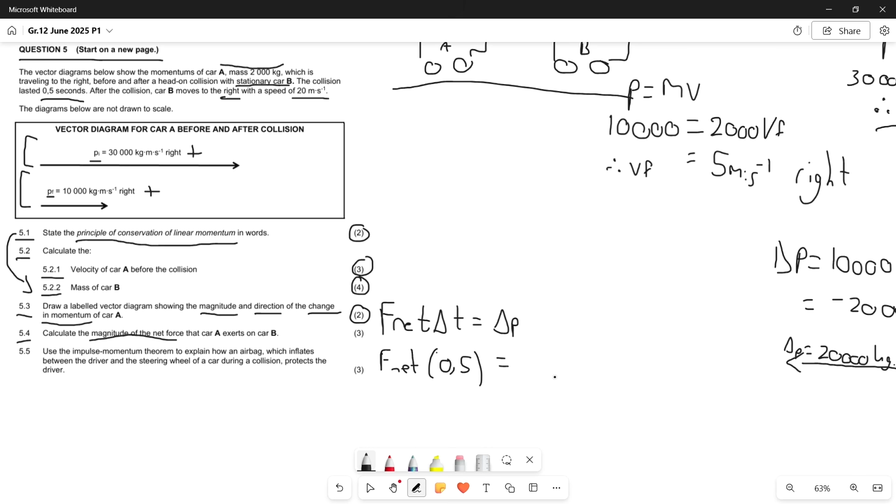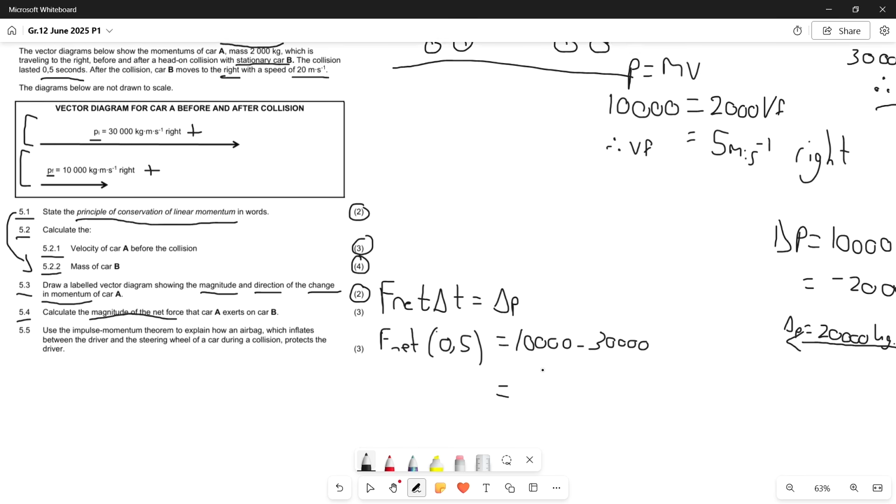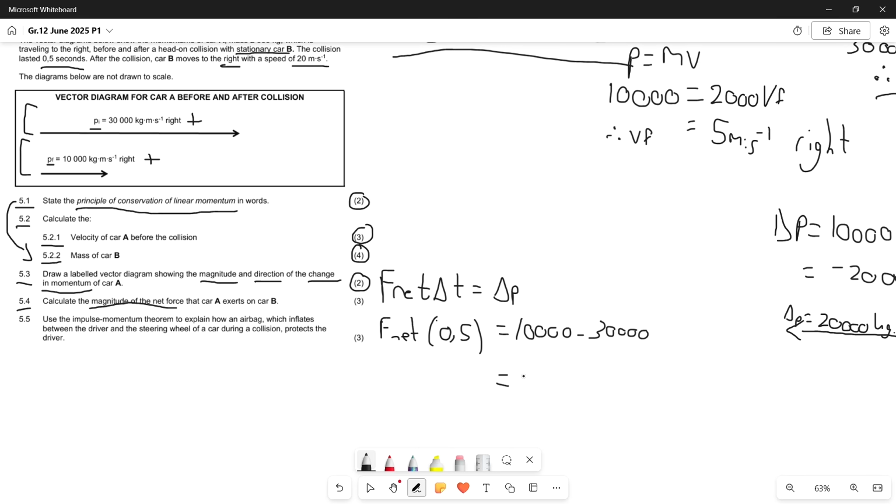And then delta P is what we calculated previously, but we can just go ahead and write that again. So it is the change in momentum, which means it is the final momentum minus the initial momentum. So it is 10,000 minus 30,000 over there. So then we can just solve for this. 10,000 minus 30,000 is minus 20,000 as we had already.